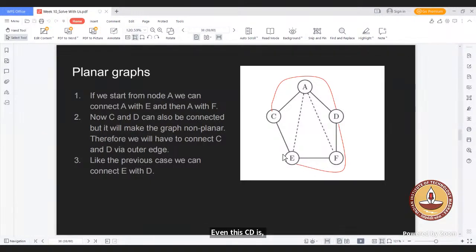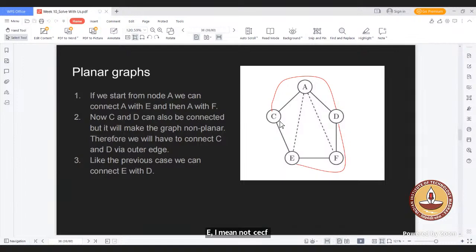So first, let's see what they're doing. If we start from the node A, we can connect E and F, right? A to E we can draw an edge, and A to F also. Now C and D can also be connected, but it will make the graph non-planar, because if we connect it this way, CD and CF would cross, so then the graph will be non-planar.